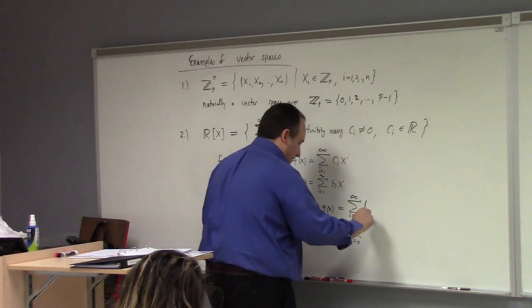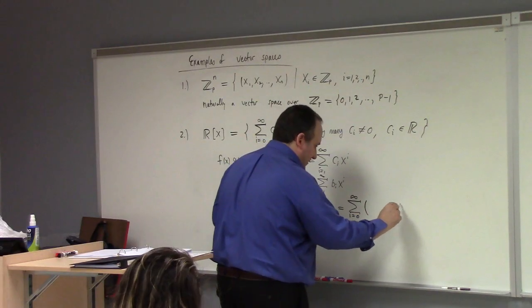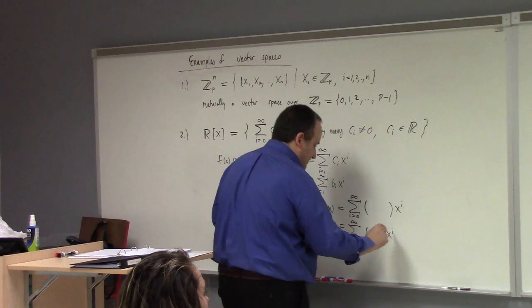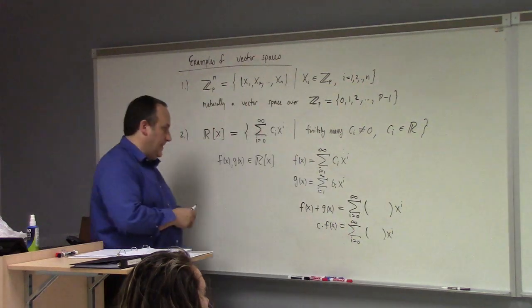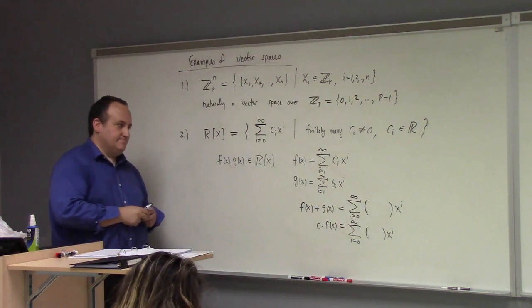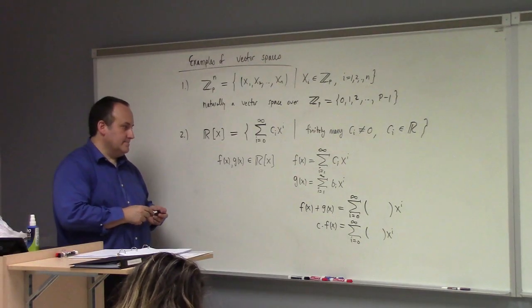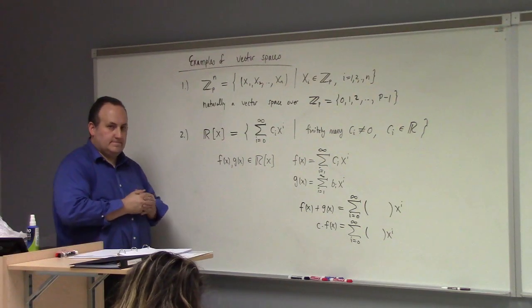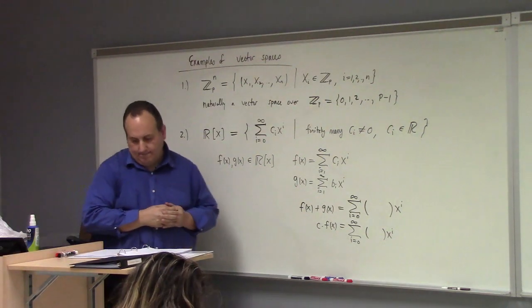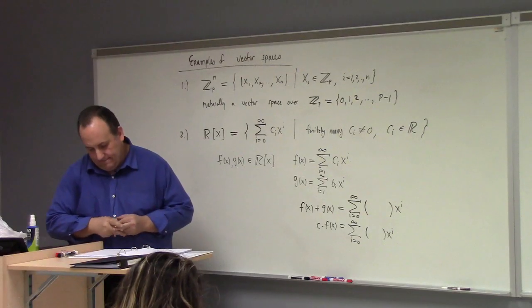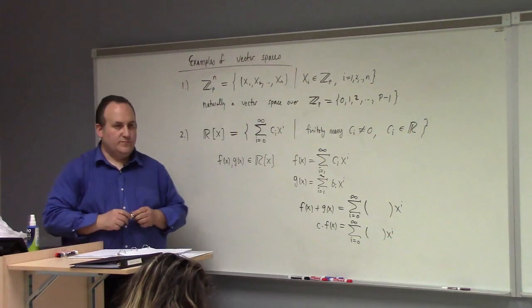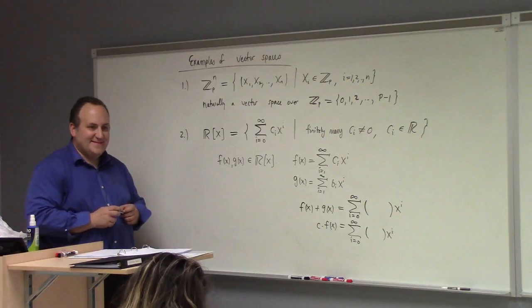So you guys tell me what to put as my coefficient of x to the power i here, and what to put as my coefficient of x to the power i there. You can do it.